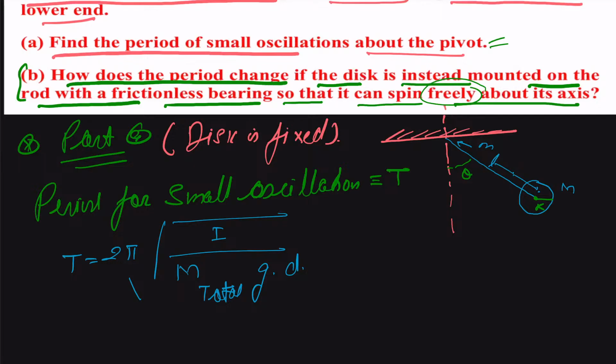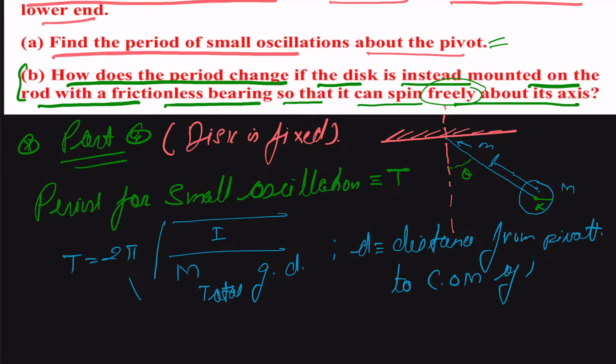And d is the distance from the pivot to the center of mass of the system. In this particular case, the system is the rod as well as the disc, so we have to find out its center of mass.